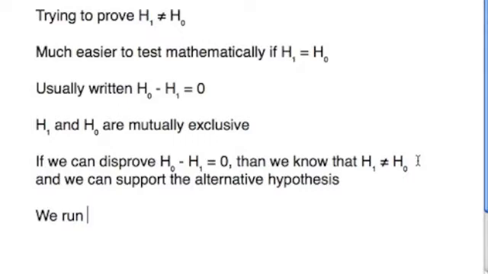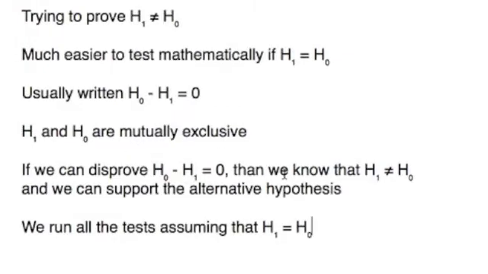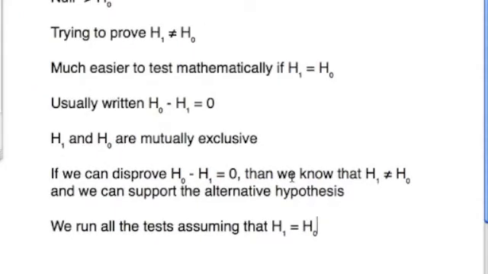We actually run all the tests assuming that the alternative is equal to the null. My explanation is just, it's math. It's much easier to prove this guy false than to prove this guy true.